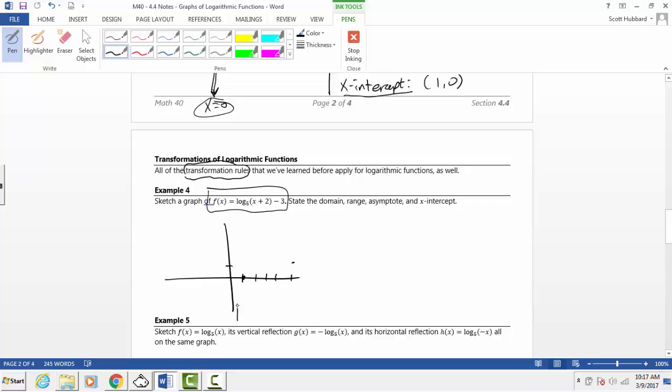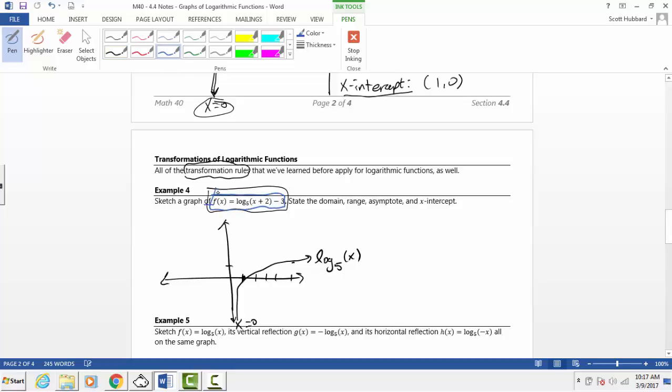So that's the parent graph, that's just log base 5 with no shifts or anything. Okay, x equals 0, and so let's talk about what the shift graph will do. I'll draw this in blue.